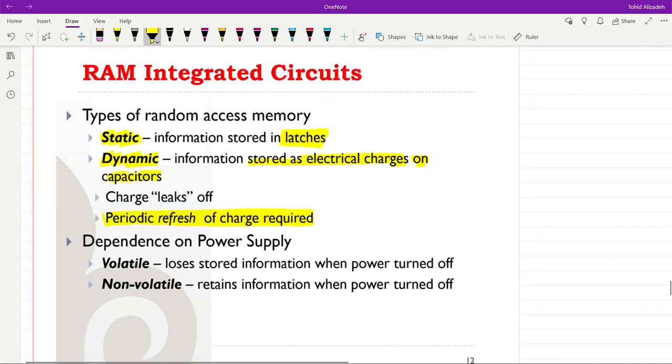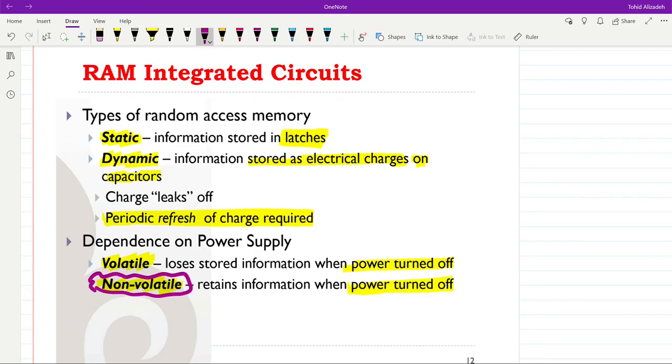We can also classify RAM memories into volatile and non-volatile classes. In the case of volatile RAMs, the information stored in the memory will be lost once the power is turned off. If we have non-volatile RAM, the information will be kept there even if we lose the power.